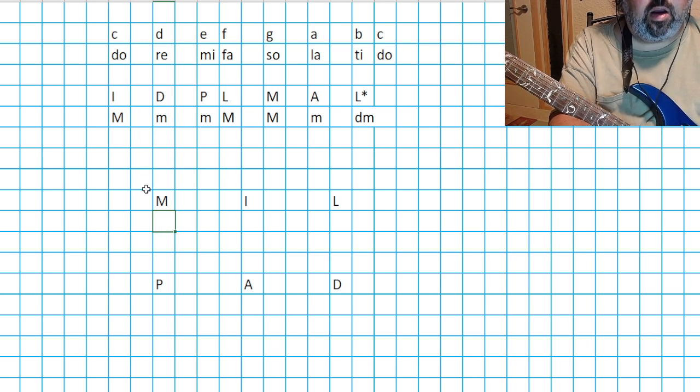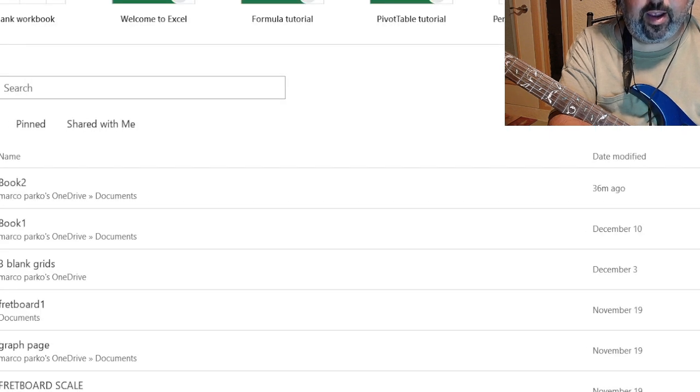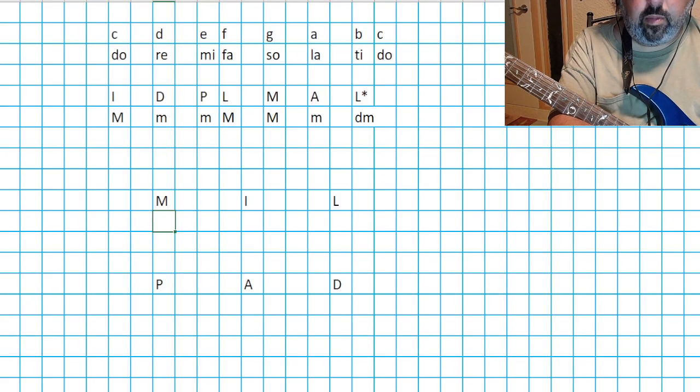So you can kind of think of these as, let's draw something here. Let me get my drawing tool out. Okay, I want to draw an arrow here.